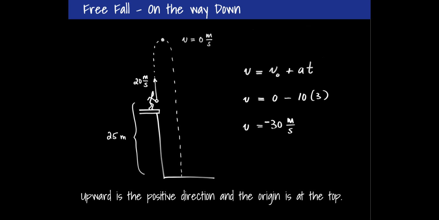Motion under the influence of gravity is motion with a constant acceleration that's equal to 9.8 meters per second squared as the number. And if I choose upward to be the positive direction, which, man, I always will, then when I'm solving problems where gravity is the cause of the acceleration, the acceleration due to gravity will be negative 9.8 meters per second squared.